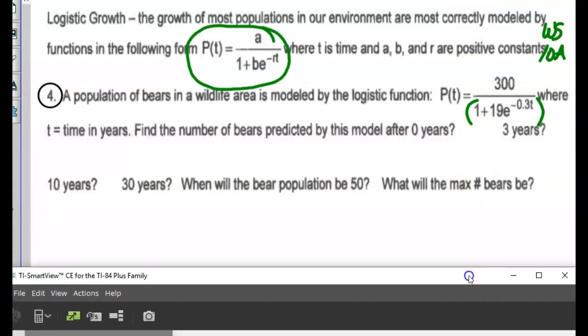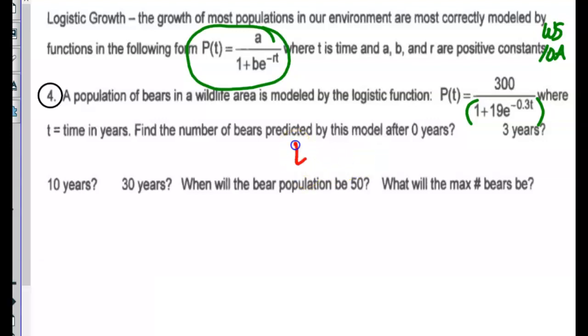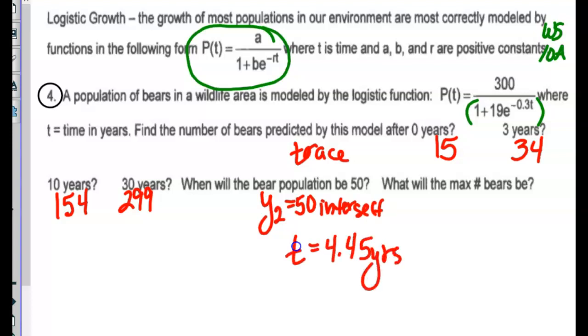Okay. All right, so someone read me those answers real quick. We did trace for all of these first ones, and we had 15 and then 30 or 40 something, 34, and this was 154. Did I remember that right? And 30 years was basically 299. When will there, in this we put in y sub 2 equals 50, and we did the intersect, and it was 4.45 years.